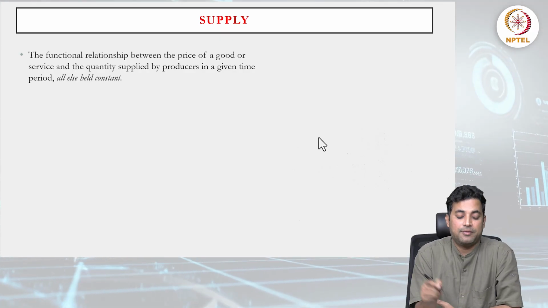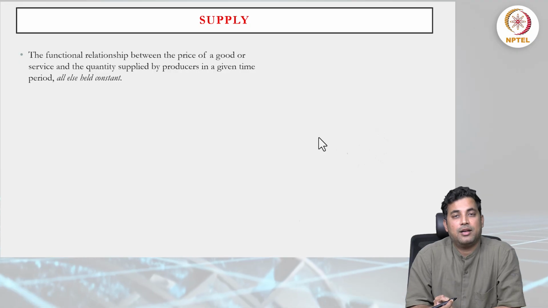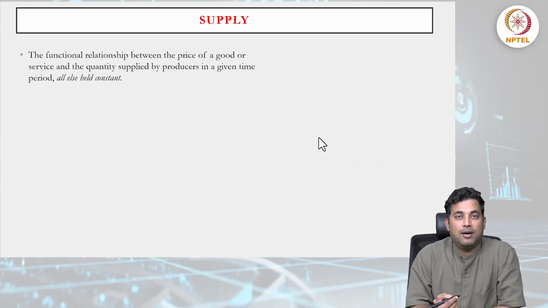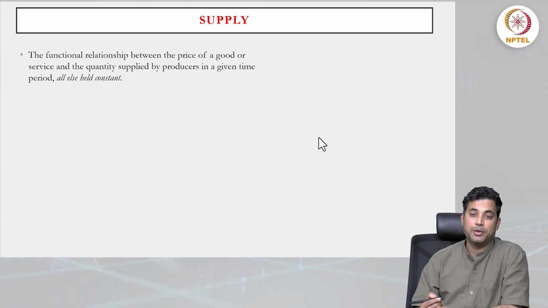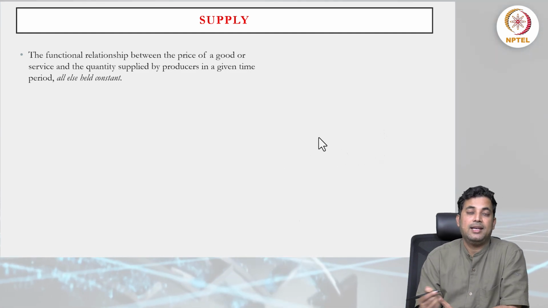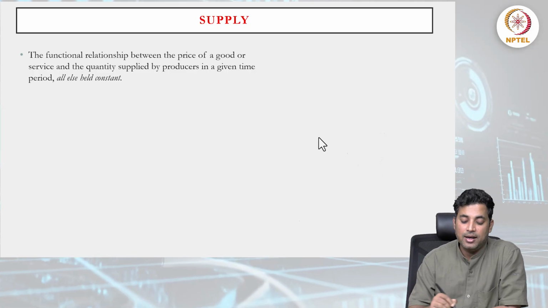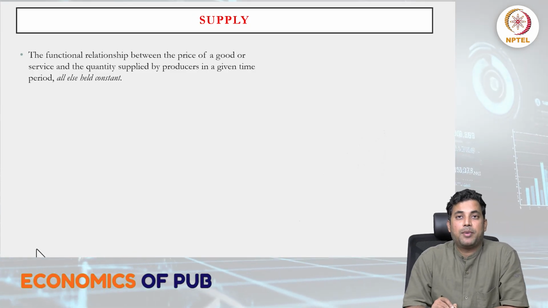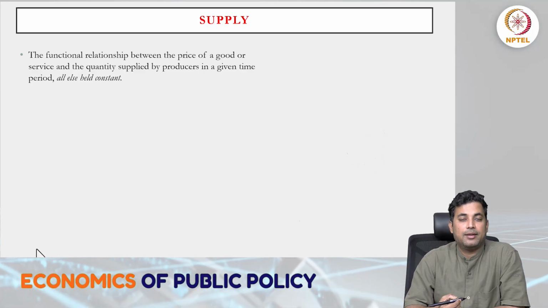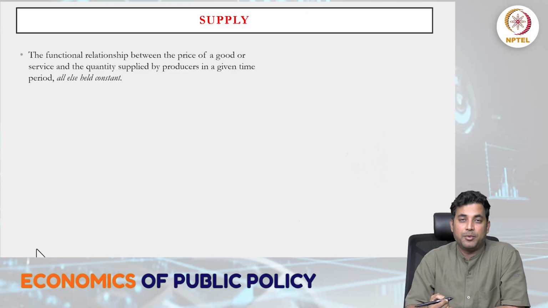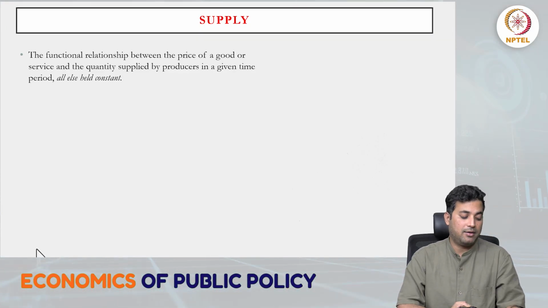Here we are talking about the market supply curve. It basically shows the relationship between the price of goods and services and the quantity supplied by the producers at any given point of time, keeping all other things constant. So this functional relationship between the price of a good or service and the quantity supplied by the producers is represented by the supply curve.